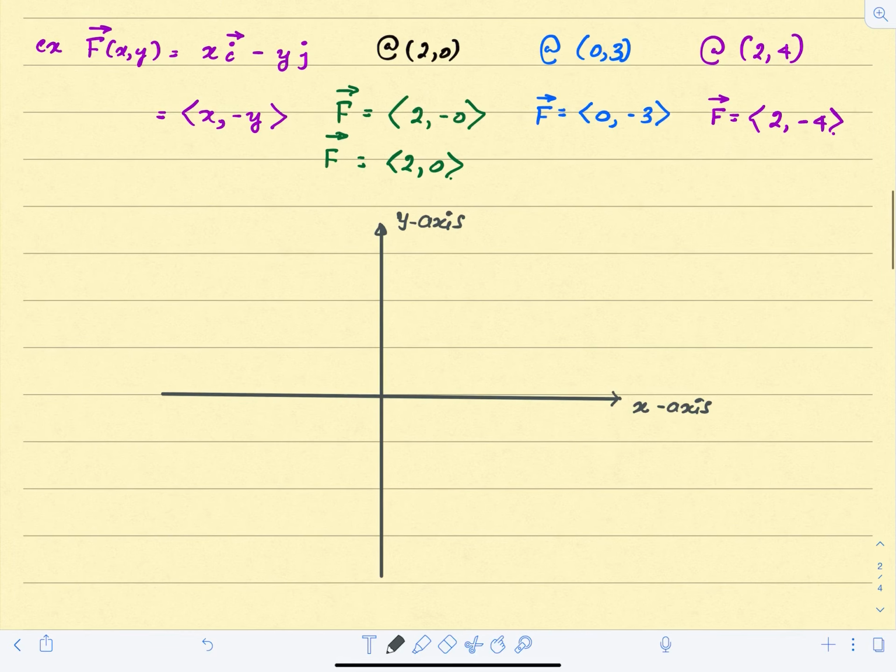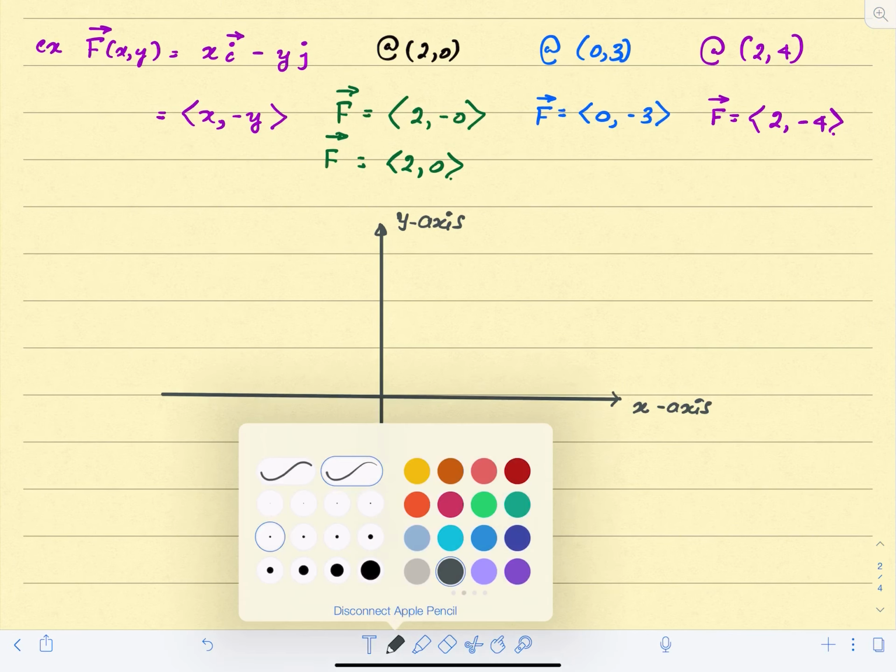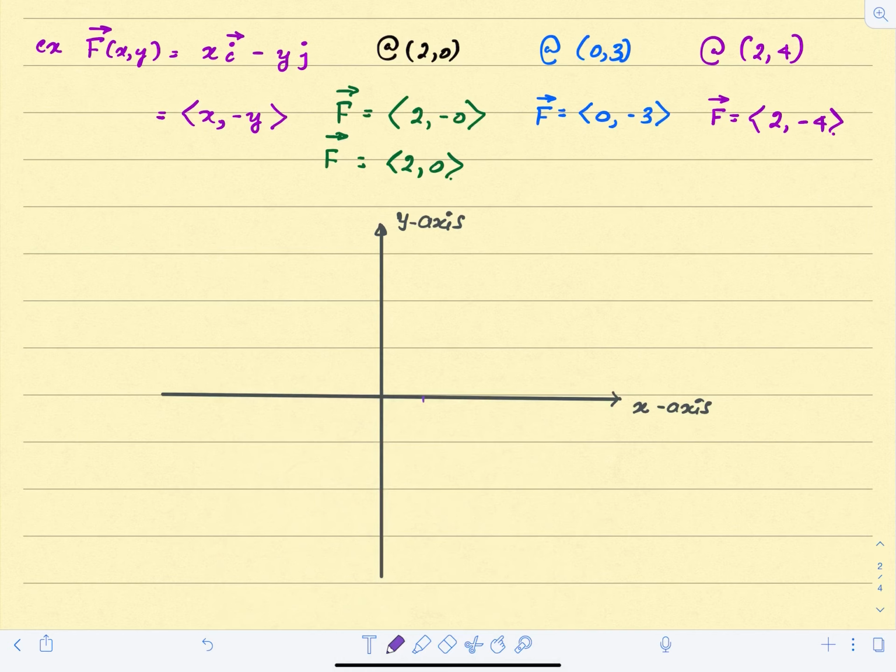Okay, at (2, 0), so this is 1, 2. At (2, 0), we have a vector, and my vector is also (2, 0). So basically the first component of the vector is 2, and the second component of the vector is 0. So our vector points in the positive x direction.